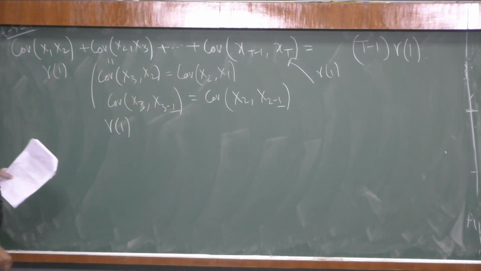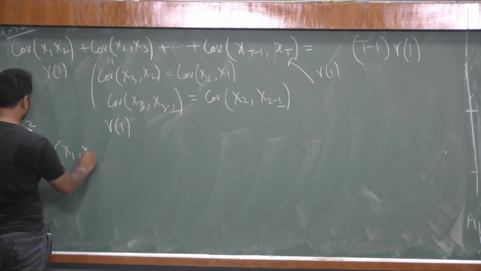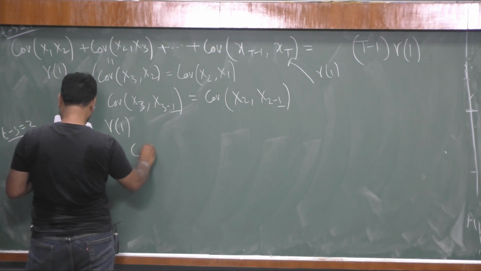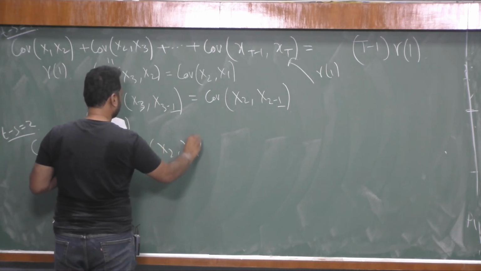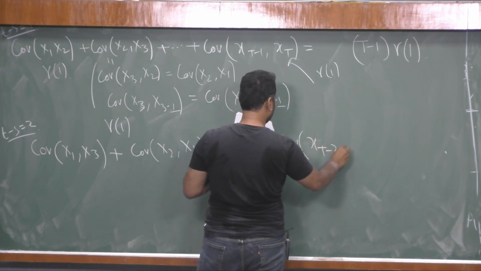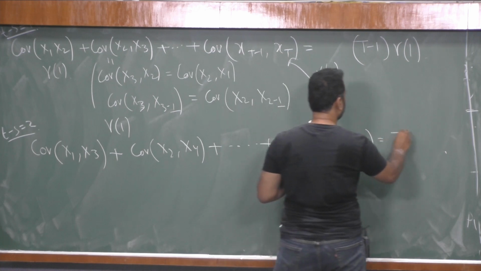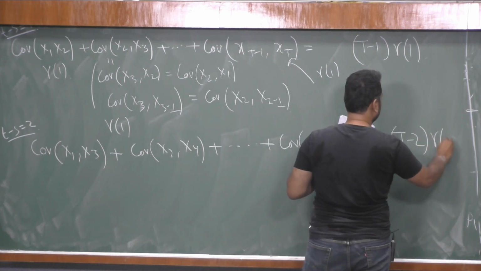Now similarly I can look into terms like t minus s equals 2. In that case, I will have the covariance of x1 x3 plus the covariance of x2 x4 plus dot dot dot plus the covariance of xt minus 2 xt, and I claim this will be t minus 2 times gamma 2.